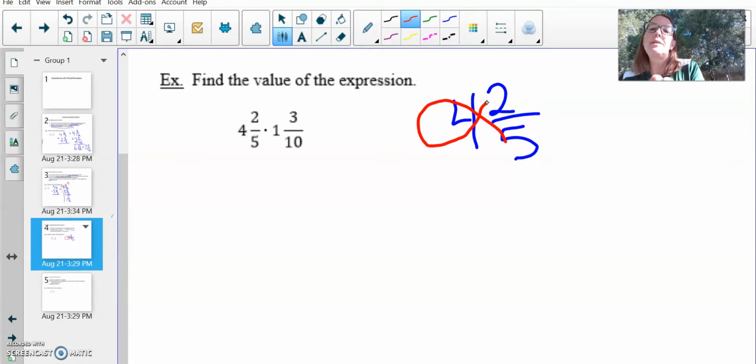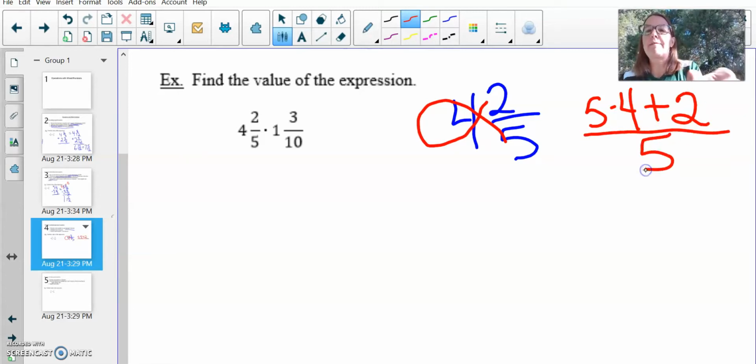So what you do is you multiply 5 times 4 and then add the 2. That becomes your numerator over the 5. So as an improper fraction, I'm getting 22/5.